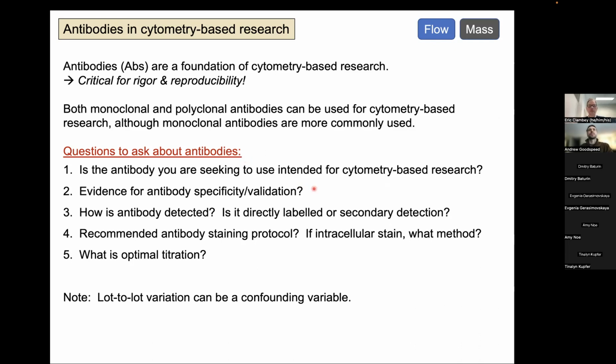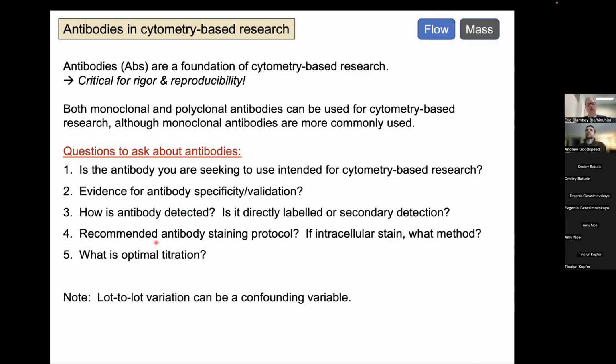Of course, you need to have evidence for antibody specificity and validation, whether commercial through the vendor or in your own lab. You also need to be cognizant of how the antibody is detected. Is it directly labeled, or are you using a secondary detection reagent? So, for example, an antibody that's then detected by a secondary antibody.